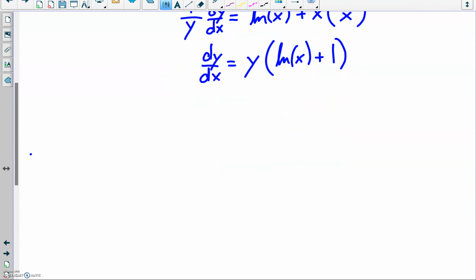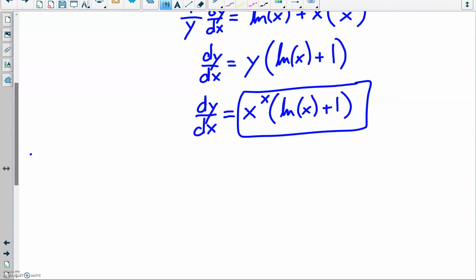So to complete the derivative of x to the x, this dy dx that we're finding here, you just replace that y with x to the x, and then times this natural log of x plus 1. And that would be your answer.